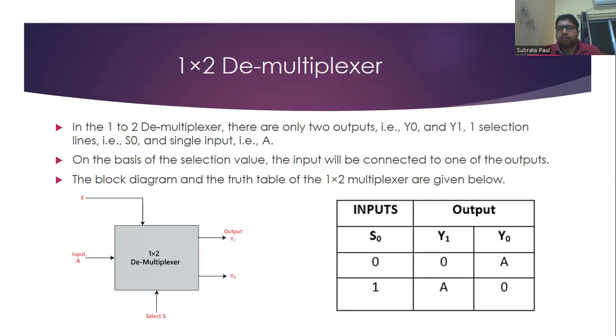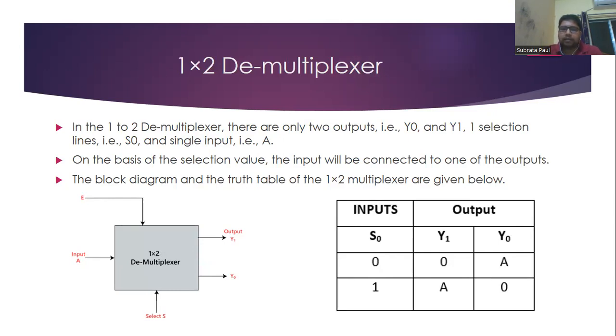Now, let us come to the first type of demultiplexer, that is the 1 into 2 demultiplexer. Here, the 1 signifies that we will have a single input line, whereas we will have two different outputs. We will denote these as y0 and y1.